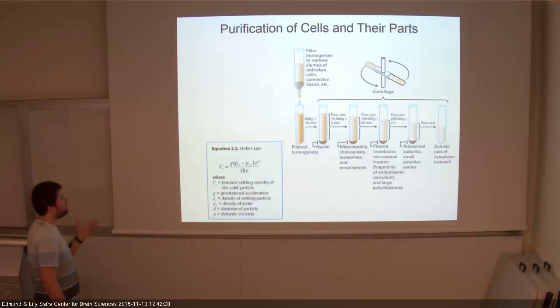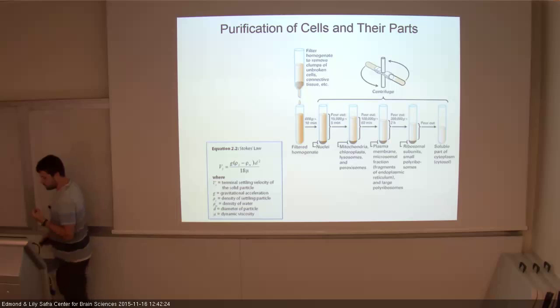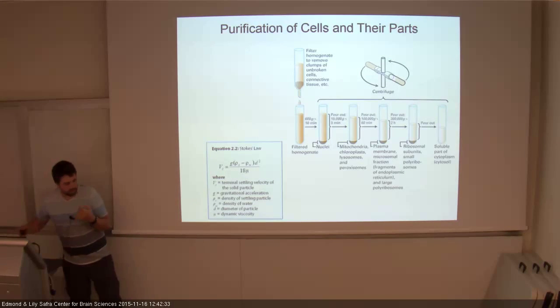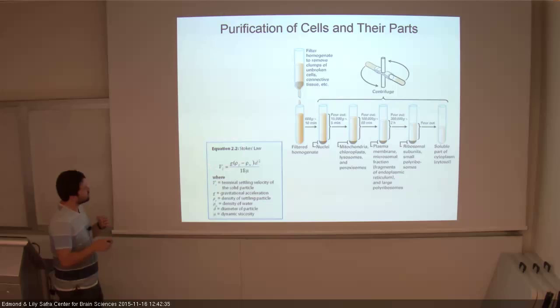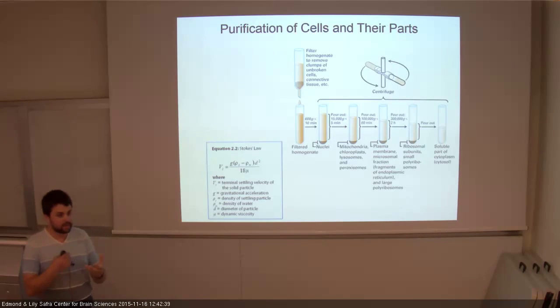One of the most simple techniques is simple centrifugation. I'm not going to teach you here about Stokes' law, which describes the tendency of a particle to precipitate in a liquid.